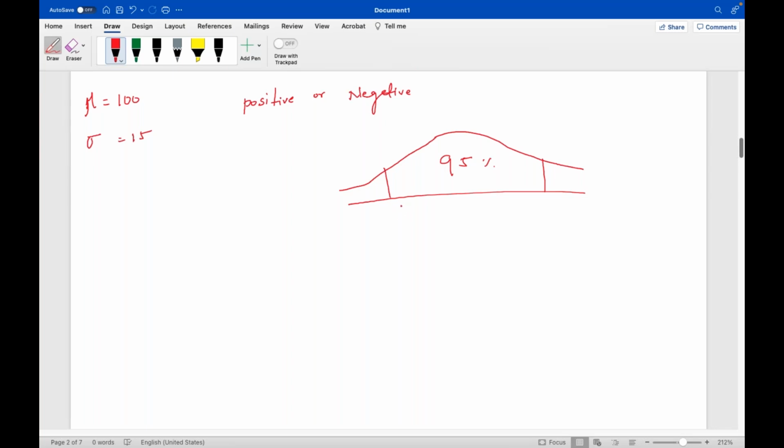That's the reason, if I consider alpha as my significance value, then each tail region is alpha by 2, and this one is also alpha by 2, and this middle is the 95 percent.